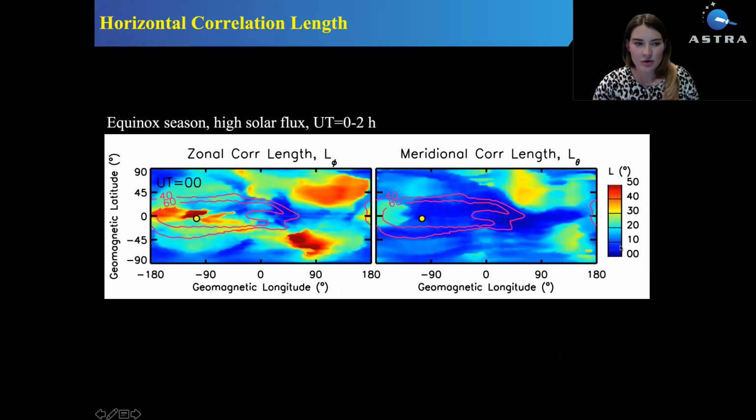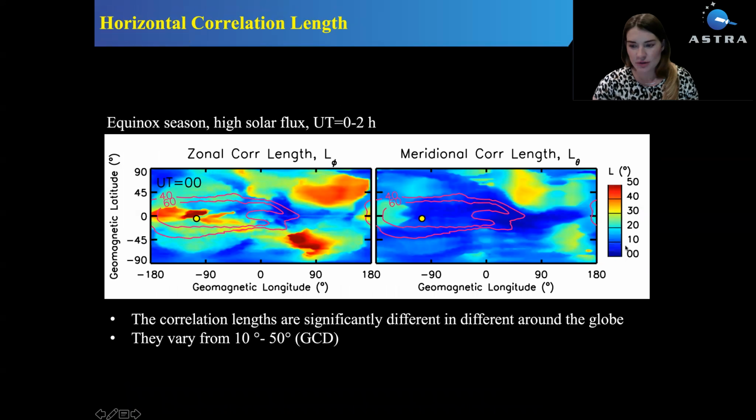Here is how the global distributions of zonal correlation length and meridional correlation length look. The correlation length ranges from about 10 to 50 degrees of great circle distance, and it has some peaks.